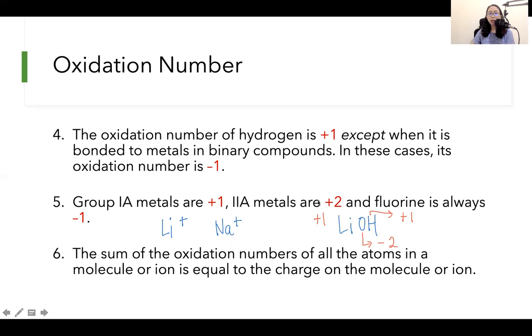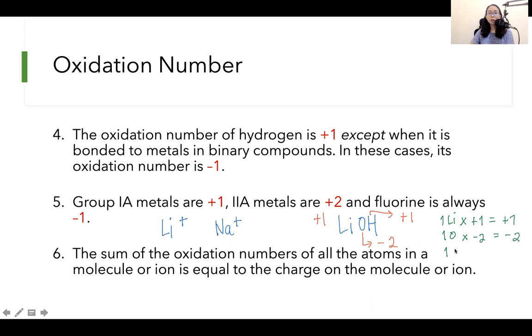Now, if we check, I have one lithium which has an oxidation number of positive 1. So 1 times 1, that's positive 1. I have one oxygen which has an oxidation number of negative 2. So 1 times negative 2, that's negative 2.